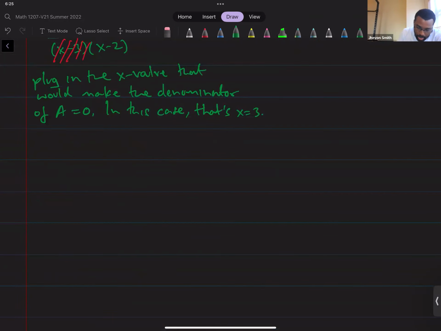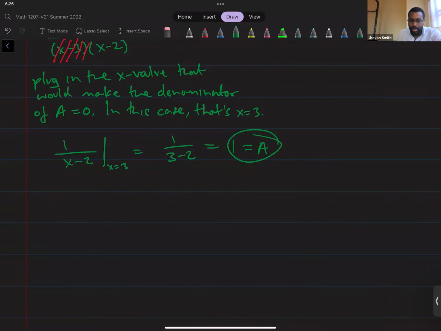So I look at 1 over x minus 2, and I plug in x equals 3. You'll notice that you get the answer 1. Turns out that's A. That's actually the value, and we've already seen that.